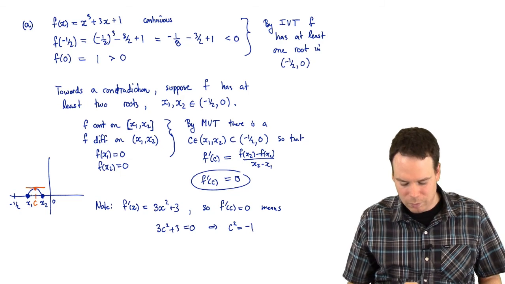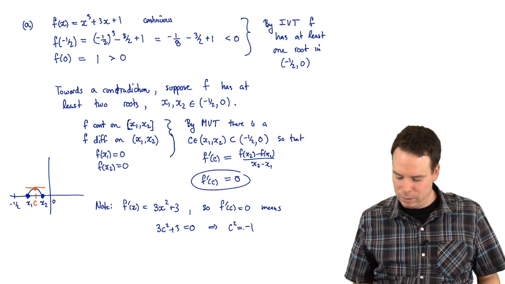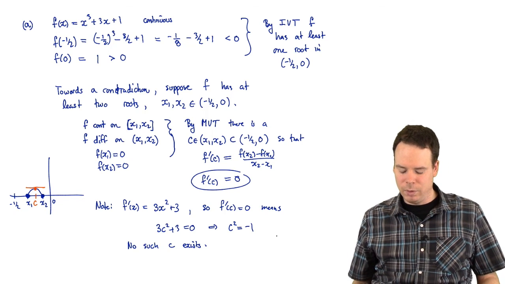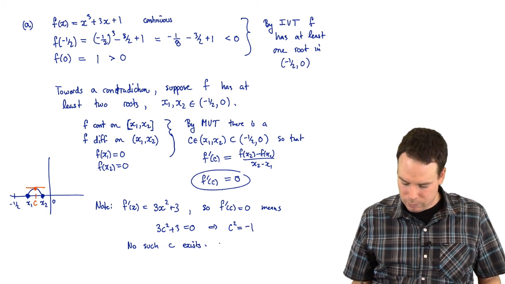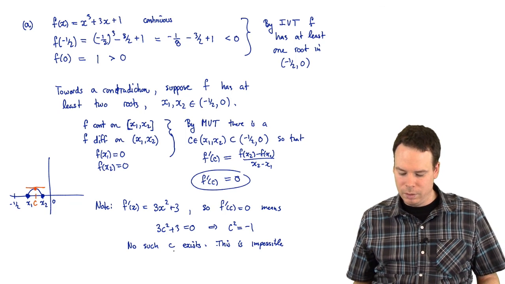So this place where the derivative is 0 has to be at a number c whose square is -1. But there is no such c. No such c exists. There is no real number whose square is -1. So this is impossible. It's impossible that there's a place where the derivative is 0.